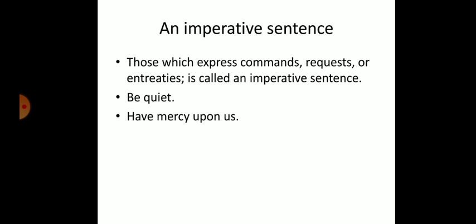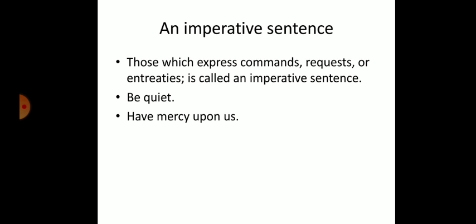The next type or category of sentence is the imperative sentence. What are imperative sentences? Those sentences which make some order, some request, some humble entreaty, are called imperative sentences. Similarly, the sentences that are used to wish something, that are used to pray for something, are also called imperative sentences. It is a larger category indeed.